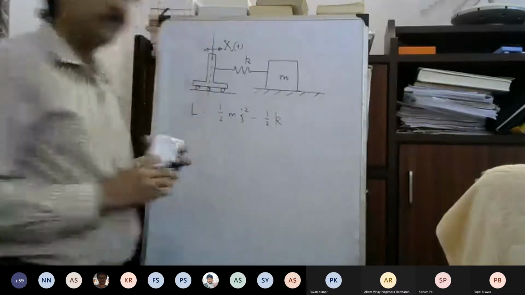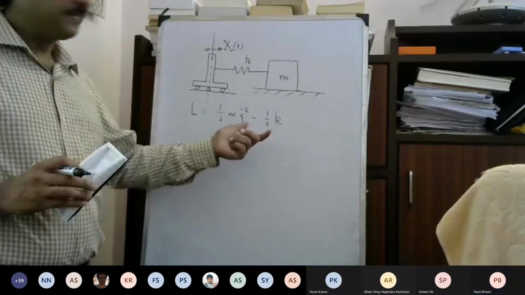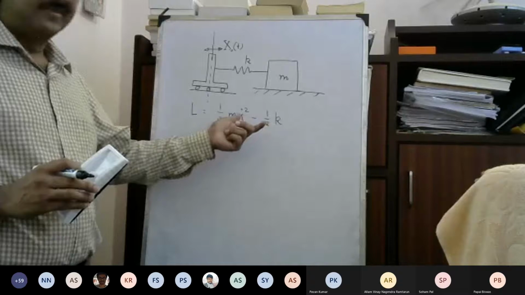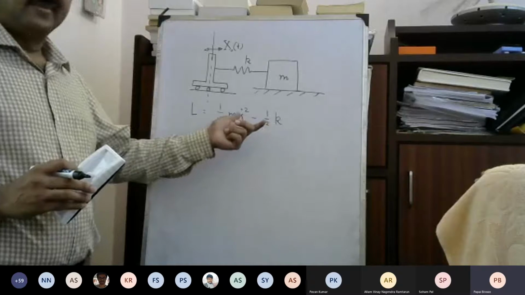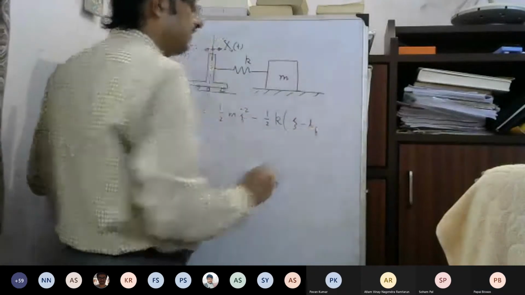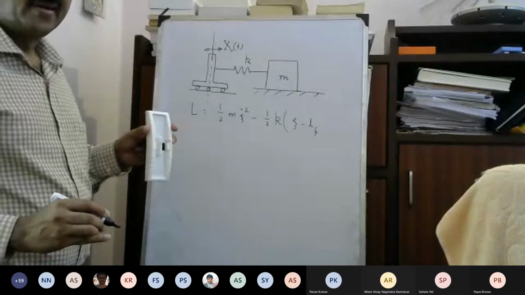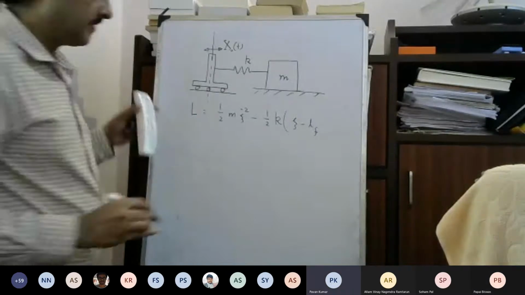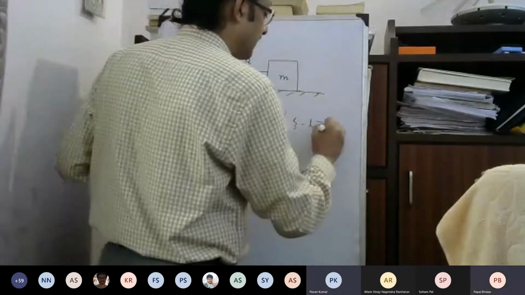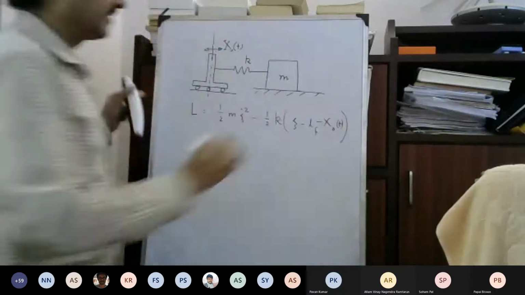Half k, zeta minus LF, minus x naught, whole square. This x naught is a function of time.